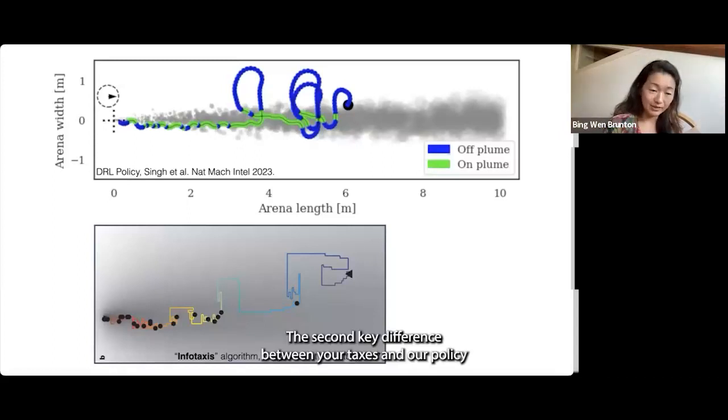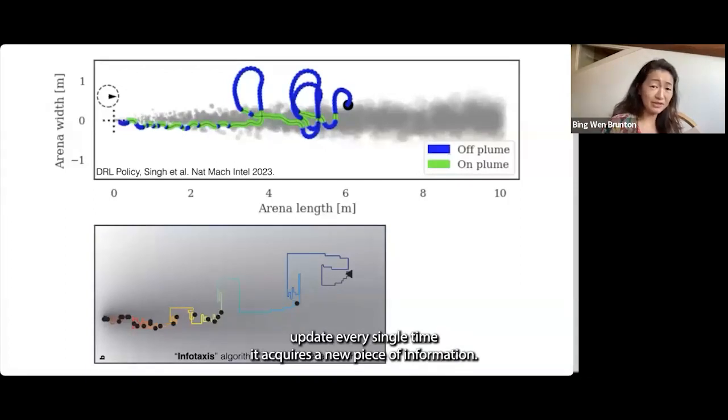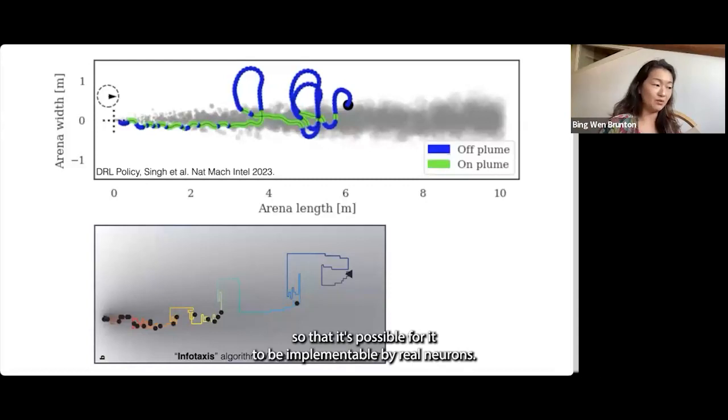The second key difference between infotaxis and our policy is that the infotaxis algorithm requires a very particular Bayesian update every single time it acquires a new piece of information. Since this was published in 2007, there have been lots and lots of papers attempting to update this Bayesian update to make it more biologically feasible, so that it's implementable by real neurons.